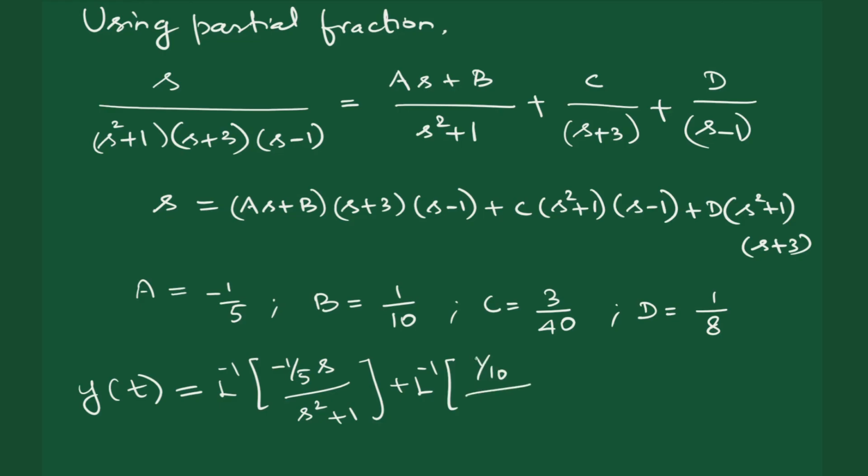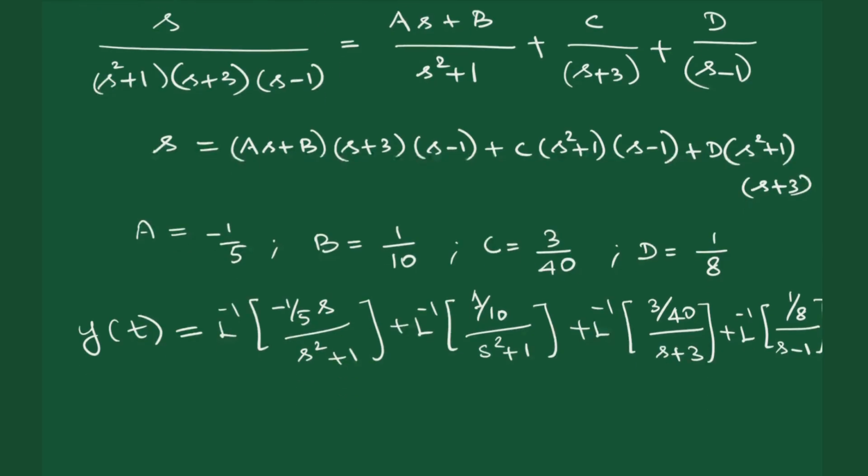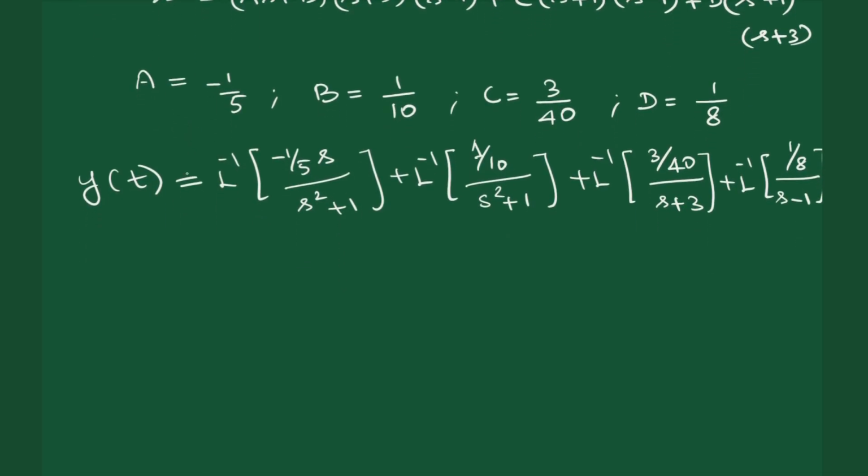So we can split it like this, okay, over s square plus 1. Here I have split it as as by the denominator plus b by the denominator. Now we can write the third term, that is the c term, that is 3 by 40 divided by (s plus 3), plus again L inverse of d is 1 by 8 divided by (s minus 1). Clear? So now we have to use the appropriate formula to get the required solution.